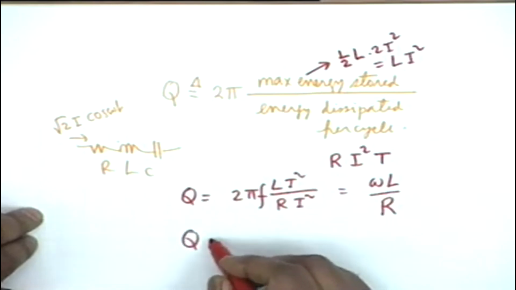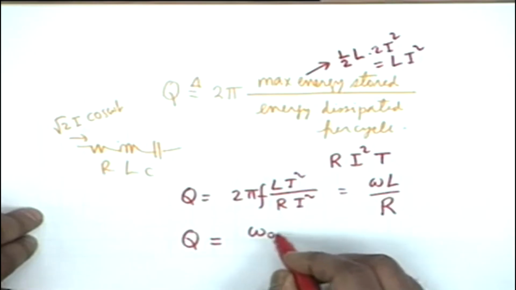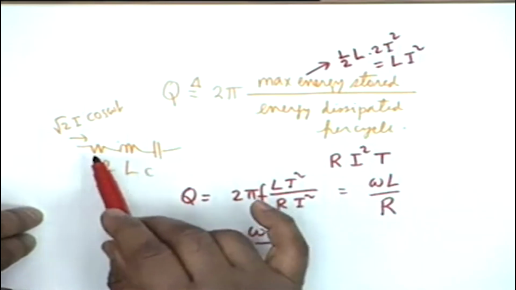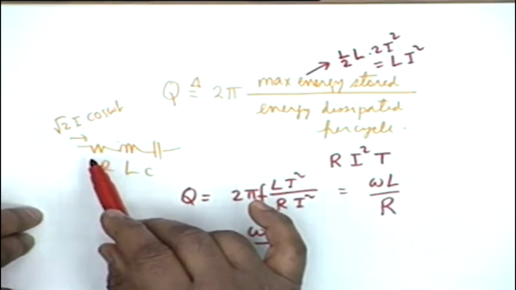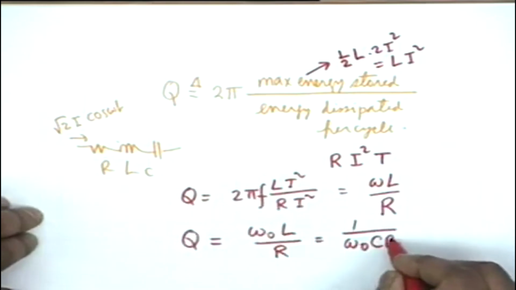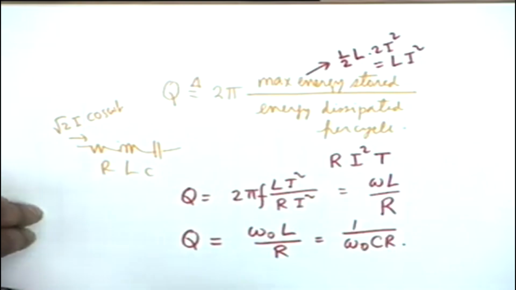In other words, Q at resonance frequency is omega 0 L by R, and from an exactly similar argument we could show that if C was associated with this resistance, then this is simply 1 by omega 0 C R. This also follows from the fact that omega 0 is 1 by square root L C.